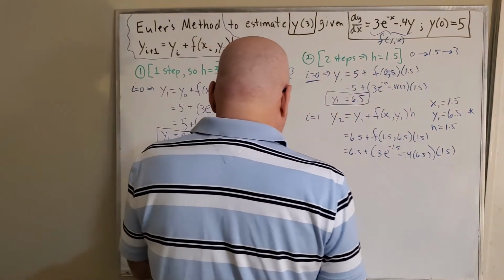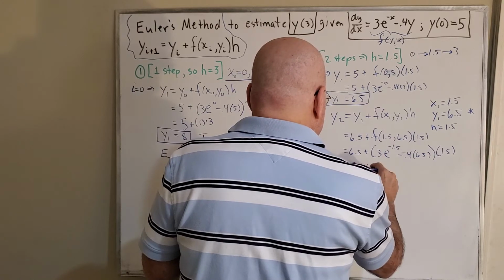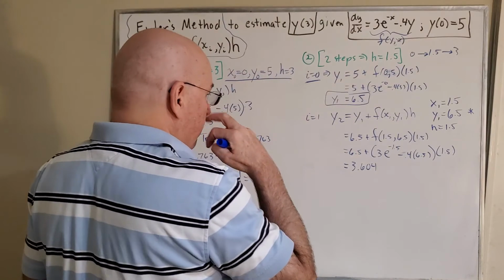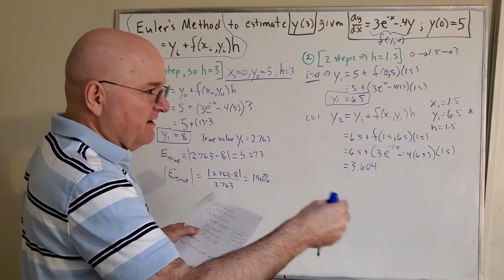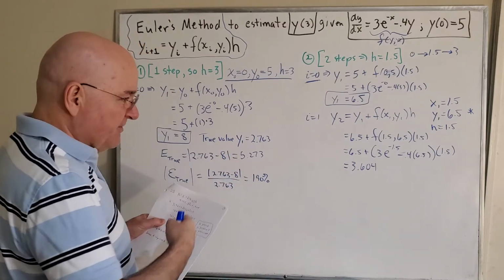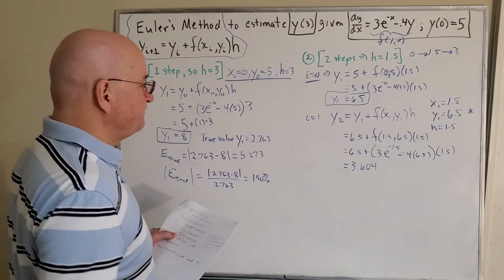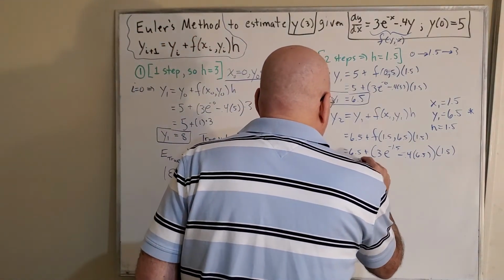And if you work that out, you get 3.604. So that's our approximation of y at the time x2, x0 being 0, x1 being 1.5, x2 being 3. So y2.